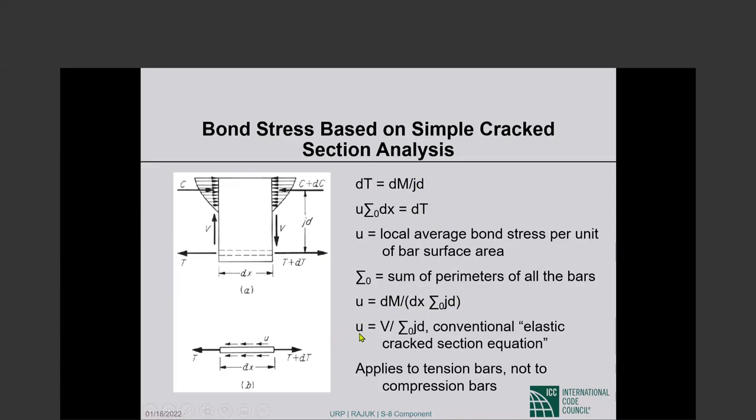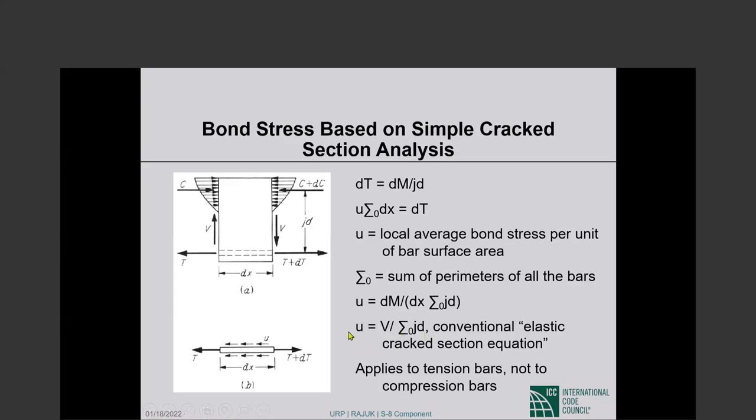So then u comes out to dM/dx times one over sigma sub 0 jd. Remember from yesterday, shear is the differential of moment. So u is V divided by sigma sub 0 and the lever arm jd. This is the conventional elastic cracked section equation. In the days of working stress design, everybody was familiar with this expression.